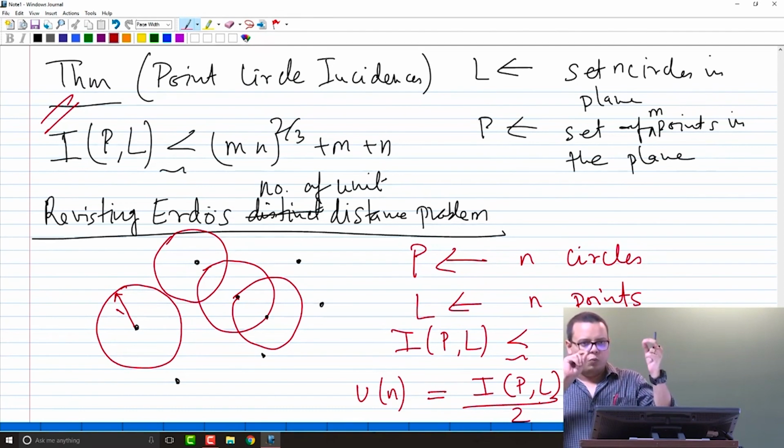See, there are 2 points whose distance between them is 1 unit. The circle centered at this one will have this on the boundary. The circle centered here will have the other point on the boundary. So, a unit length pair of points is counted twice in I of PL.